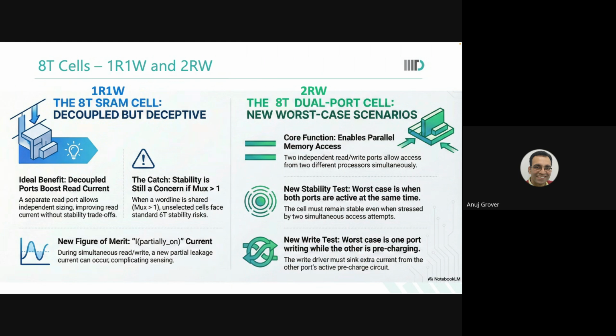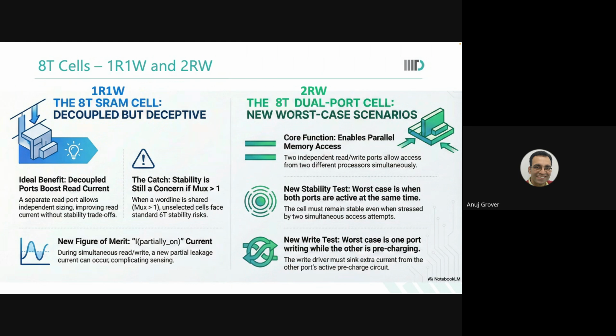Second is that while it takes care of stability of the cell during the read cycle, in a write cycle, the same cells also operate as in the read port. So if your mux is more than 1, there are more than 1 bit cells in every row. When you select the word line, what happens? All the bit cells are selected.